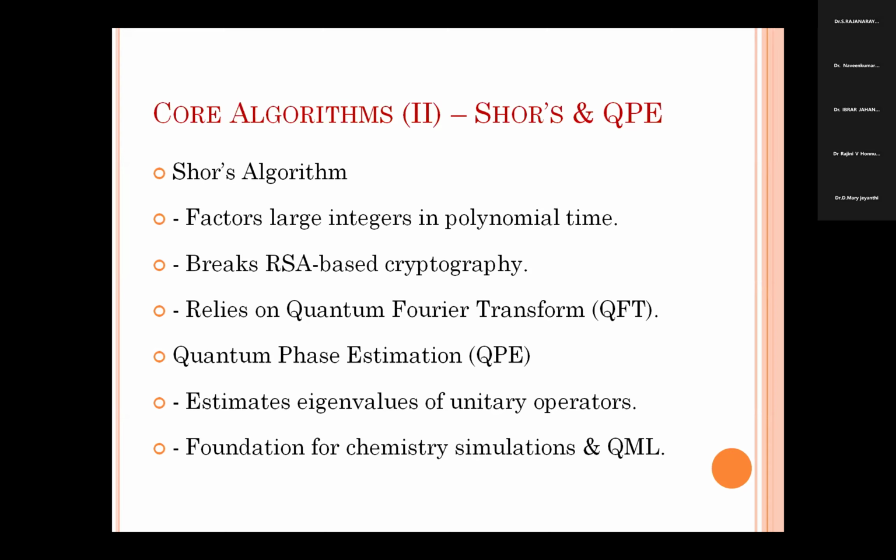It uses a quantum circuit to find the period of the function f(x) = a to the power of x mod n, and this is the period finding formula.